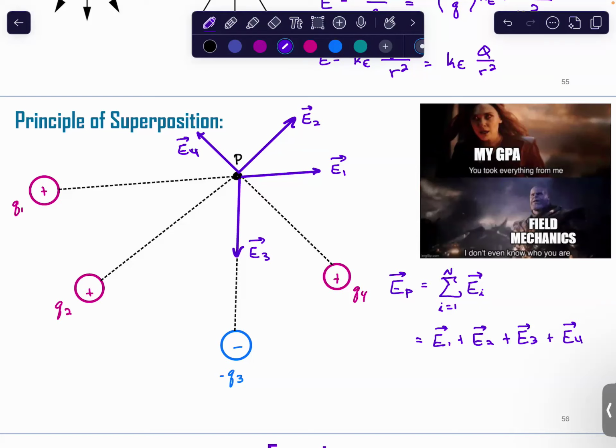Again, here we only have 4 point charges, but we could have an infinite number. I can give you a problem that has 20 point charges. You could solve that one by hand, but it'd take a while. So when we say superposition, this is what we mean. And then from there, you have to figure out the vector components of each one of those, do the vector sum, then you might find the magnitude and the direction of the total electric field.